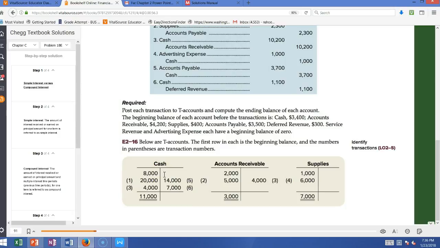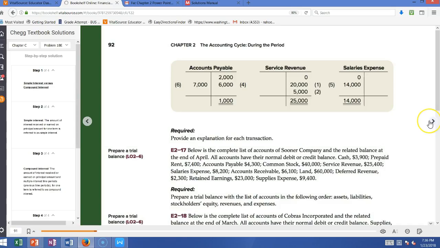Paid salaries. Number 6, a credit to cash of $7,000 and a debit to accounts payable of $7,000. Paid down some bills we owed, didn't we? Okay?